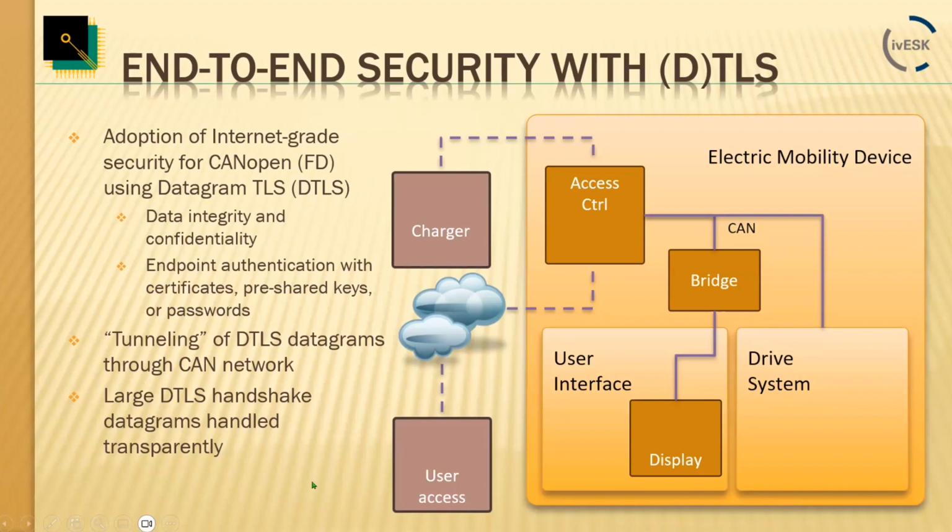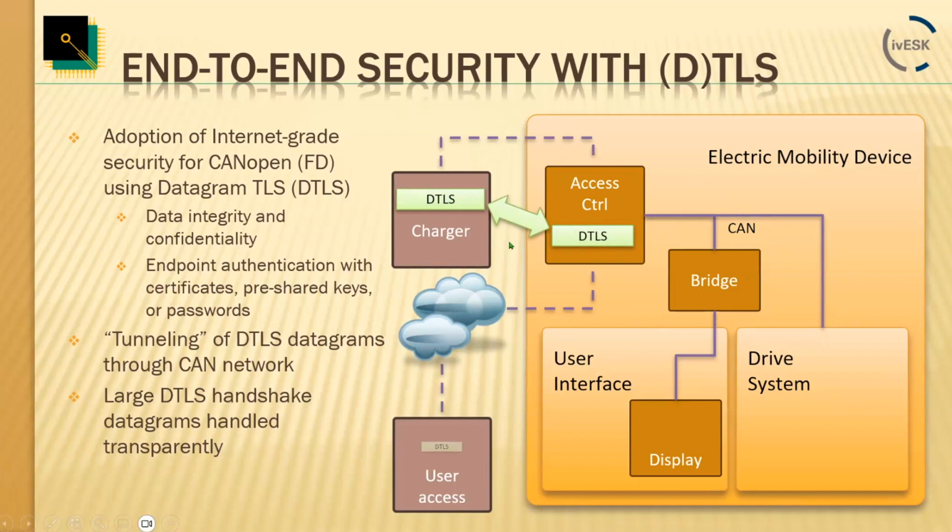The main reason I'm mentioning it is not so much for communication within a CAN or CANopen network, but because, from all the things we discussed here in security, the nice thing about DTLS is that it gives you the option to cross networks. So a DTLS connection could also be made out of the CAN network.